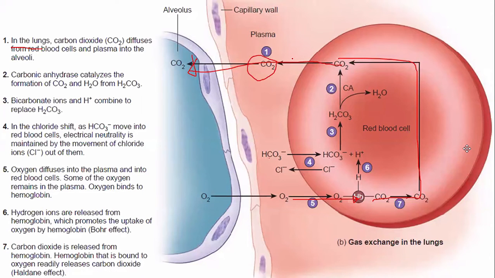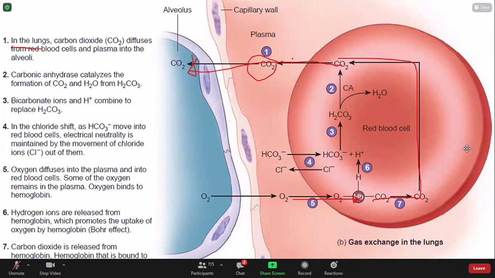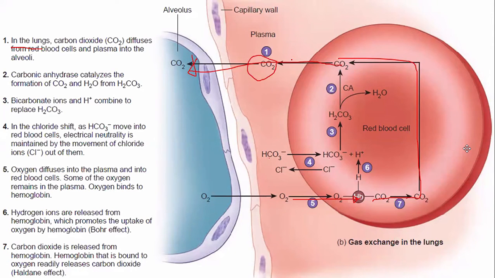If you have a lot of carbon dioxide, let's say respiratory acidosis, for example, your bronchi are constricting, so the carbon dioxide cannot be removed from our body. You will develop respiratory acidosis because of increased carbon dioxide.